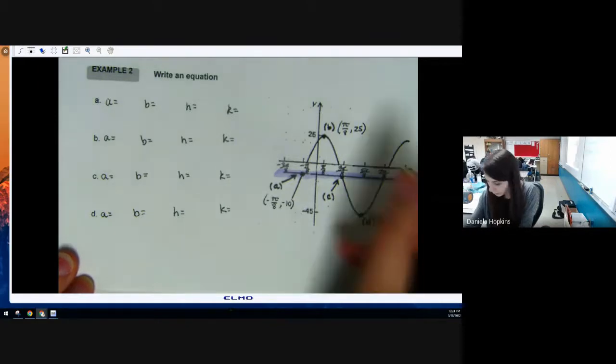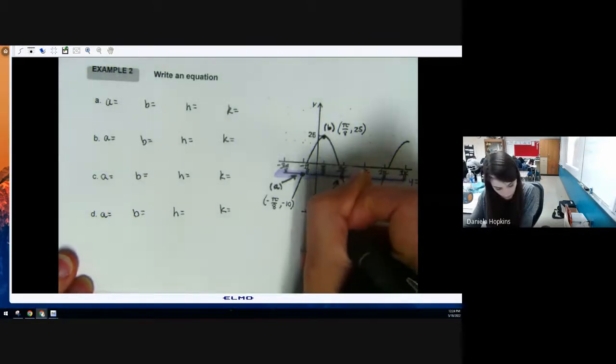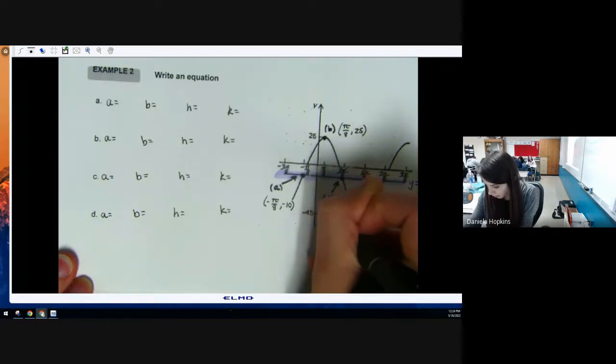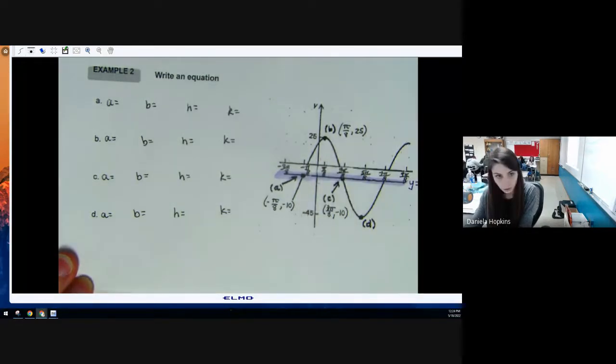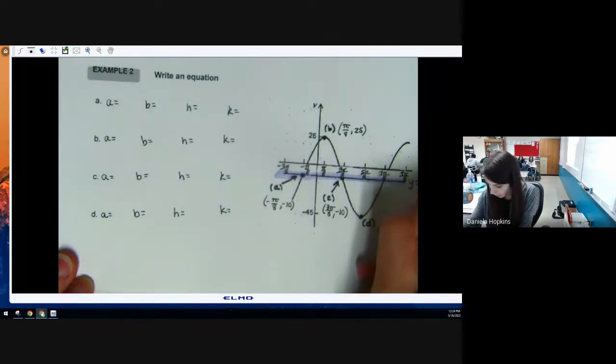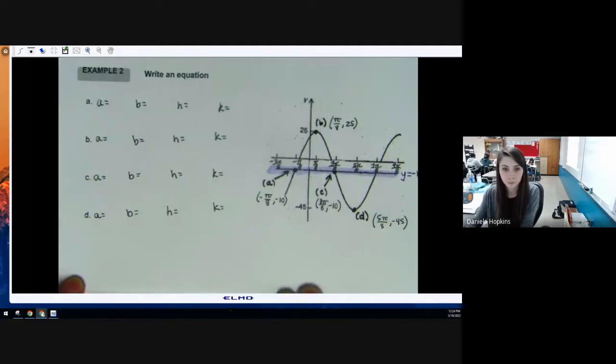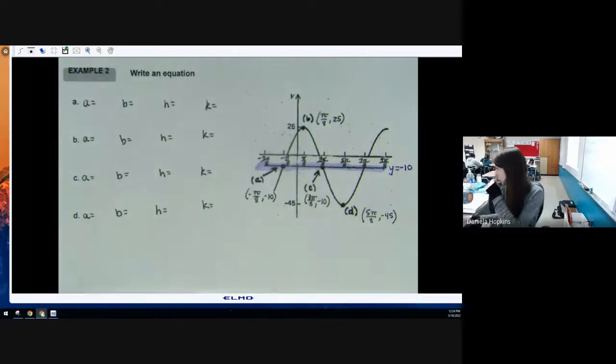Your point C is at positive 3 pi over 8, comma, negative 10. And D is at 5 pi over 8, comma, negative 45. So I just named the points to help us out.